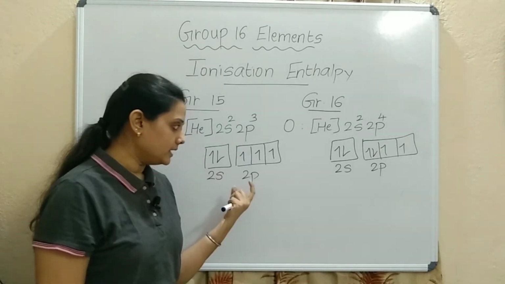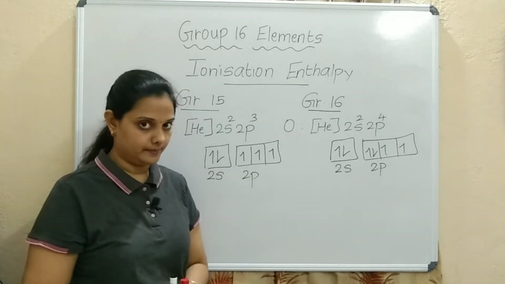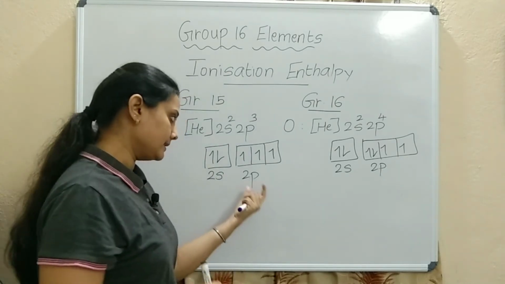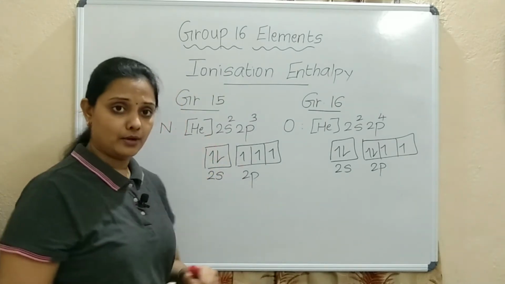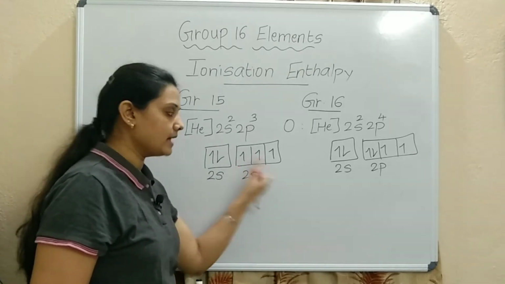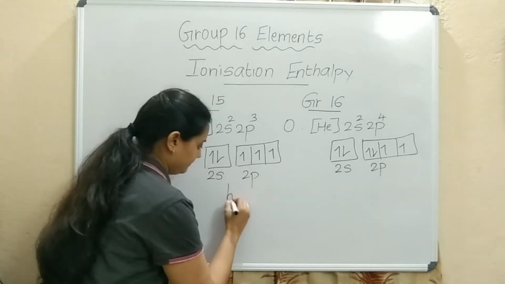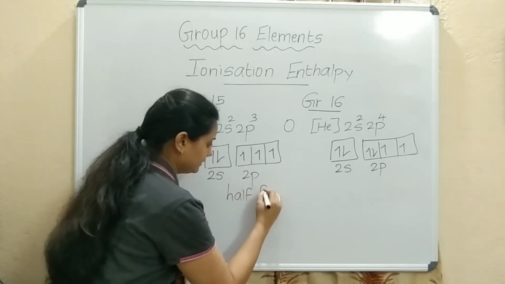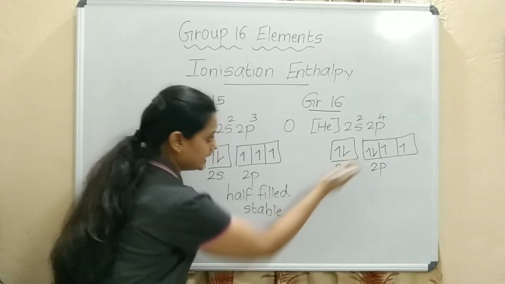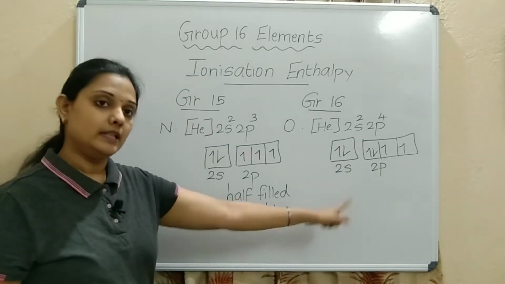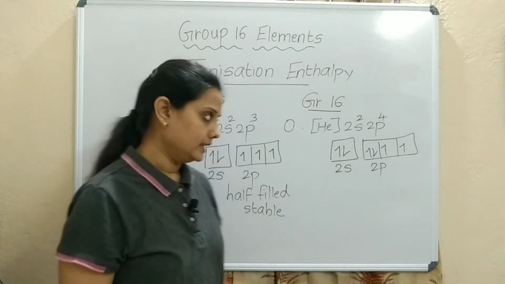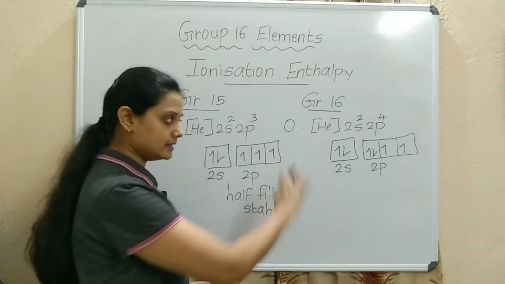If an orbital is half filled or fully filled, then it is always stable. So in the case of nitrogen, you can see that the p orbital is half filled and it is stable. But in the case of oxygen, the p orbital is neither half filled nor fully filled, right? So it is unstable.